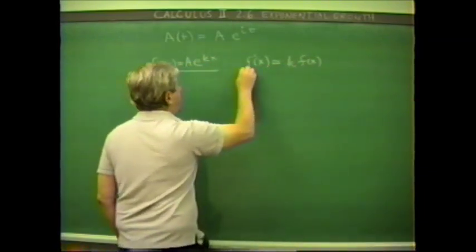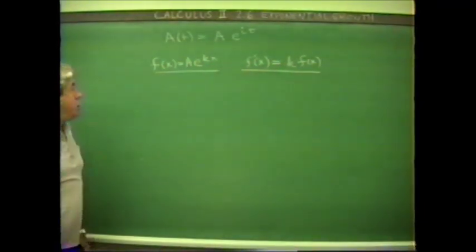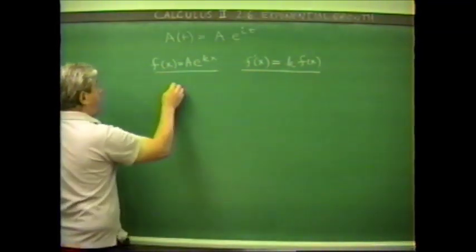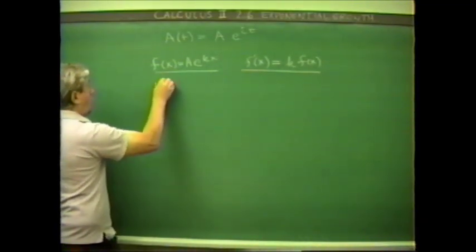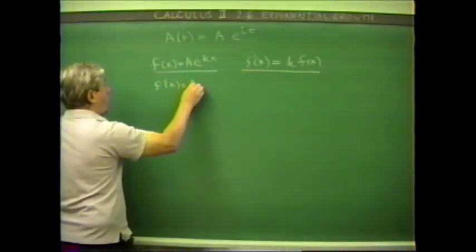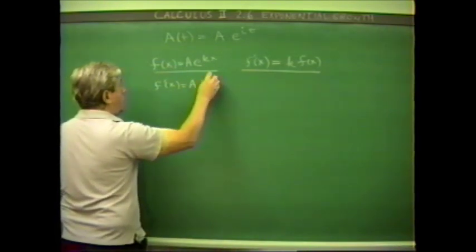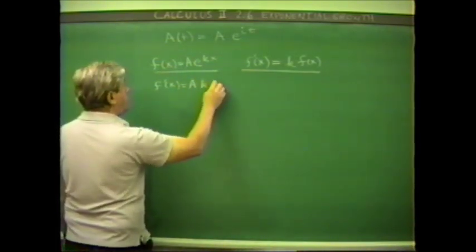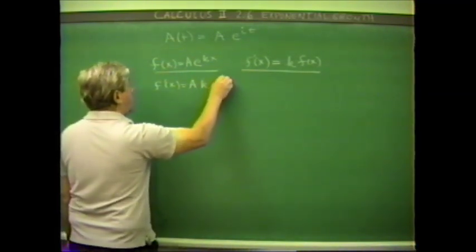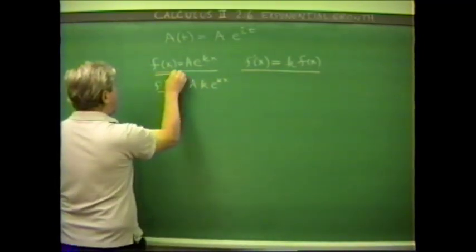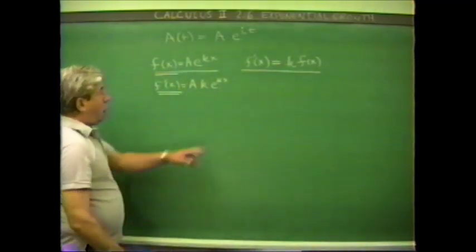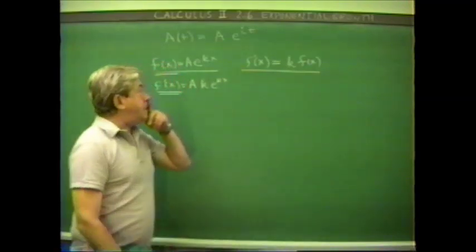If you look at a e to the kx, you find that f prime of x is a times the derivative of e to the kx, which is e to the kx times k, so that f prime of x is a constant times f of x.